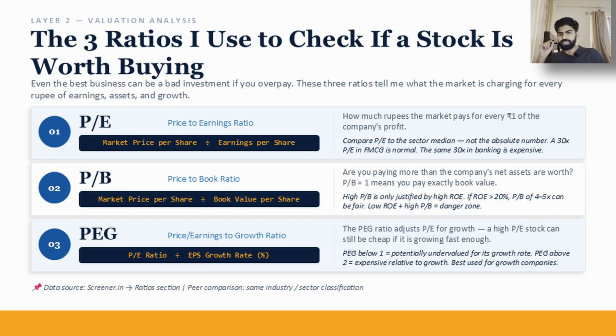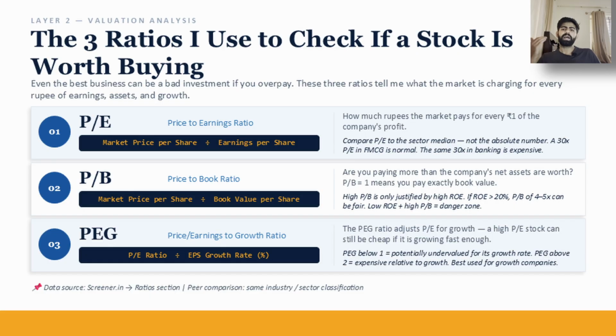That is the call which we have to take, whether the PE is right or wrong. It should not be too off, but to some extent we can consider the premium PE if we understand that the fundamentals of the business or the moat of the business are so strong that in the long run we'll be getting the value of that premium PE which we are paying right now.